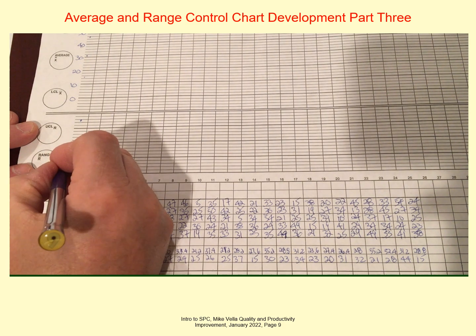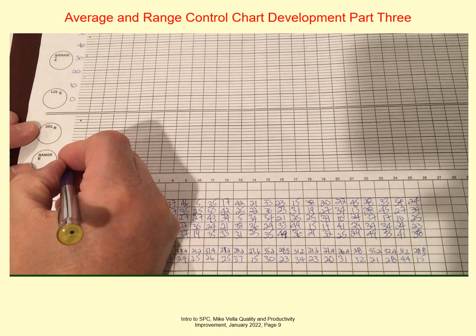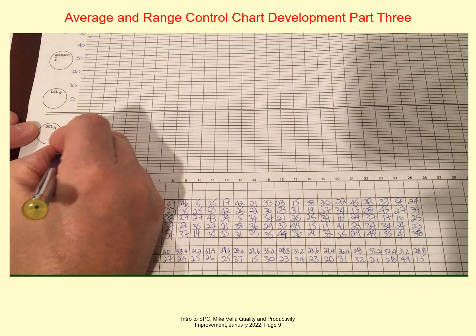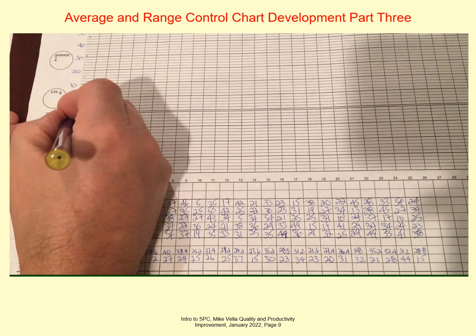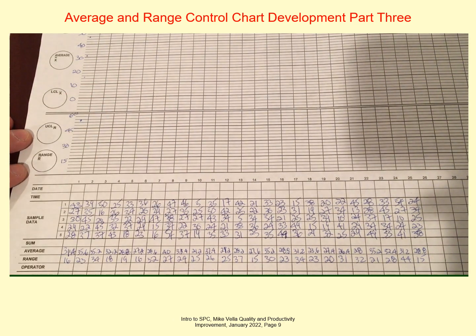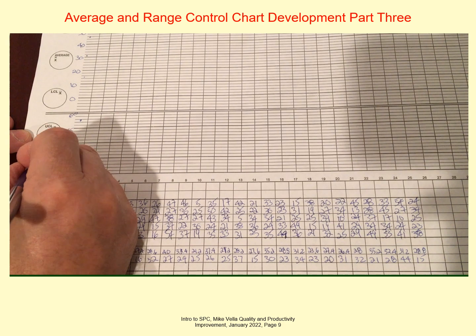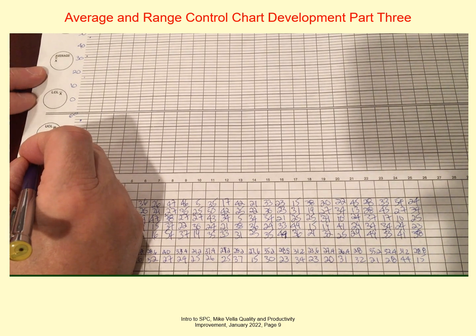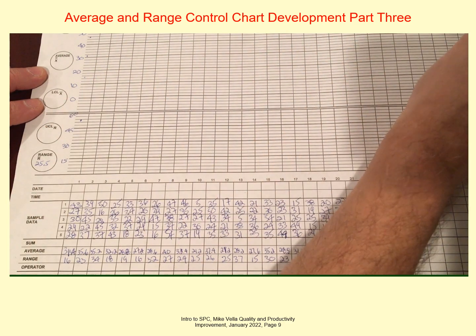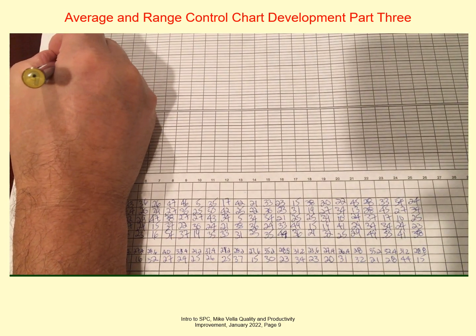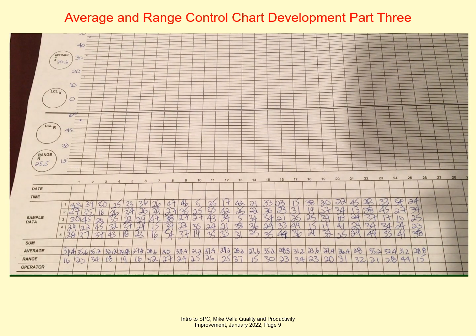We'll do 0, and we'll do those in increments of 15: 15, 30, 45, and 60. And again, we'll use the numbers that we've calculated already. The average range is 25.5. We'll put that in here. And the grand average, which I'll show you how to calculate in a minute, again, is 30.6.